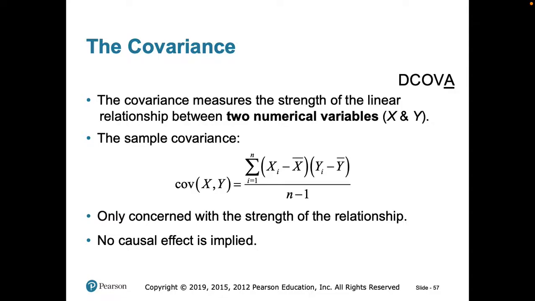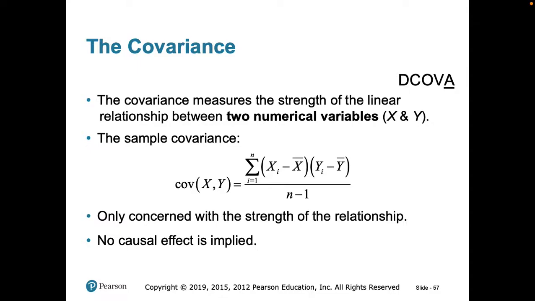Now, the only thing that we're looking at is how strong that relationship is, and no causal effect is implied. So you have data that shows the score that a student received on a math test and the score that they received on a chemistry test, and you want to see how correlated they are. It is not saying that if you do well in math you're going to do well in chemistry, or vice versa.